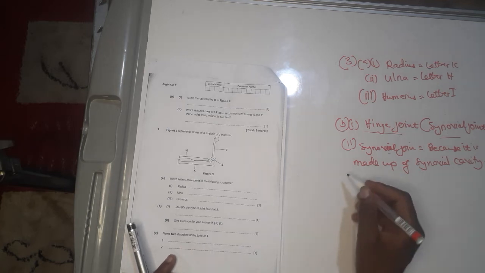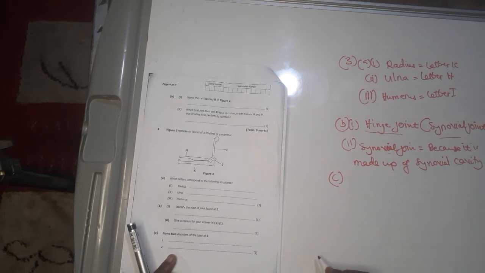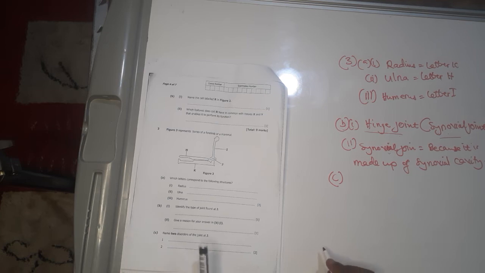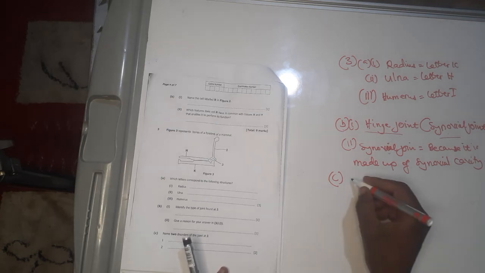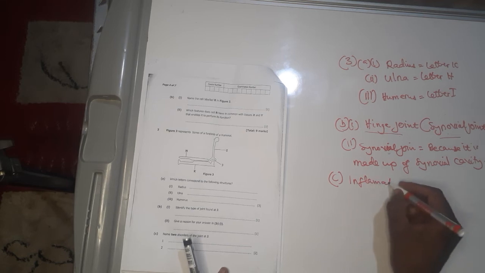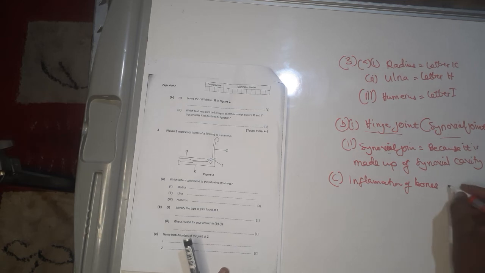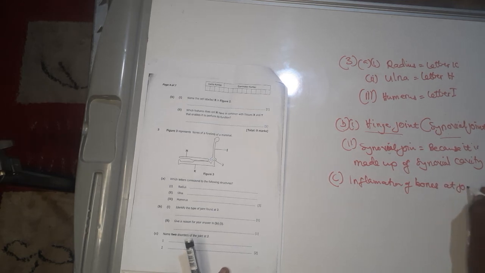Name 2 disorders of the joint at J. That is for C. Two disorders for the joint. Okay, so we have 1, the inflammation of the bones at joints.